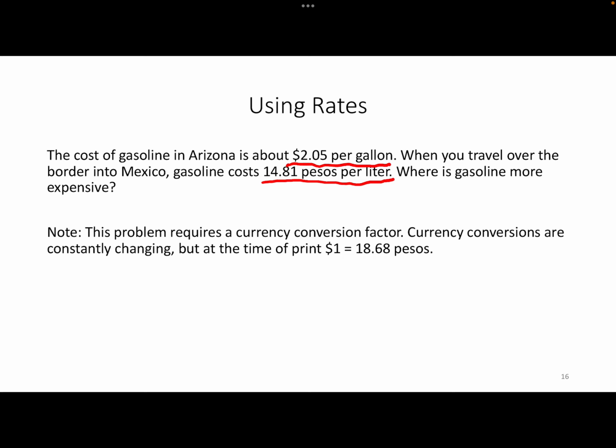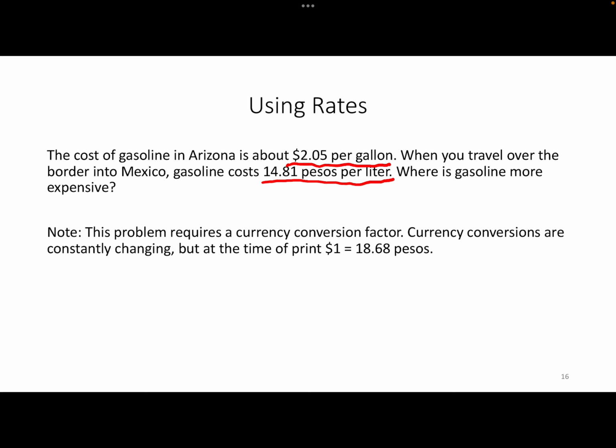Where is gasoline more expensive? So we want to compare these two rates and see which one is more expensive. If the rates are not in the same units, we cannot do the comparison, right? So in other words, we have to convert from one to the other.